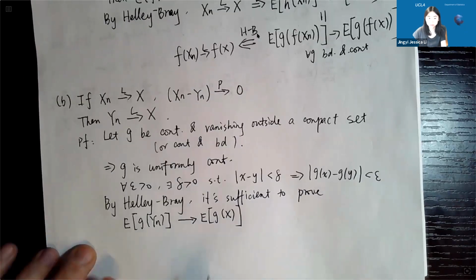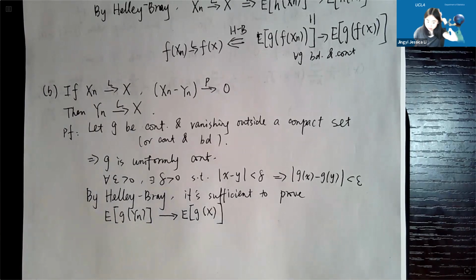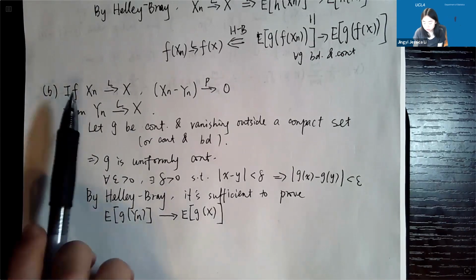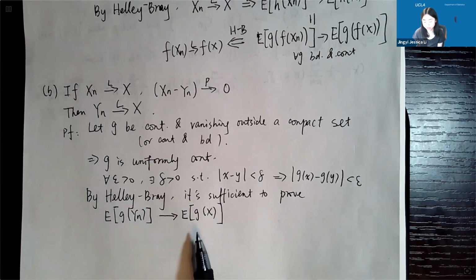As long as I can show that, I will have my statement. How do I do it? I want to use this condition and Portmanteau, which gives me the expectation of g(xn) converges to the expectation of g(x).